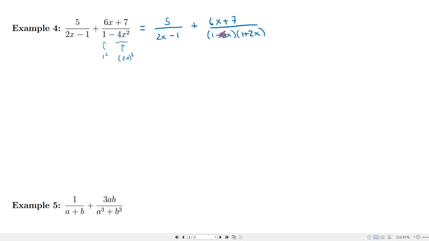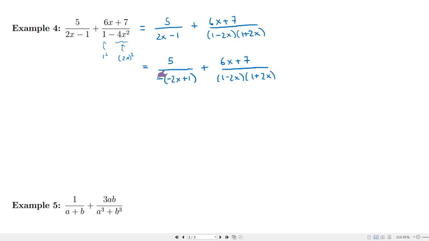And do you see that they actually now do have a common factor, right? So look at what we could do. I could factor a negative out of this, so negative 2x and then plus 1, right? 6x plus 7 over 1 minus 2x, 1 plus 2x.